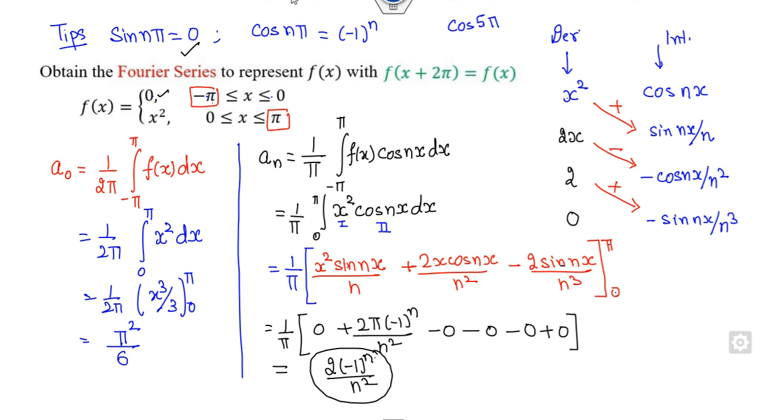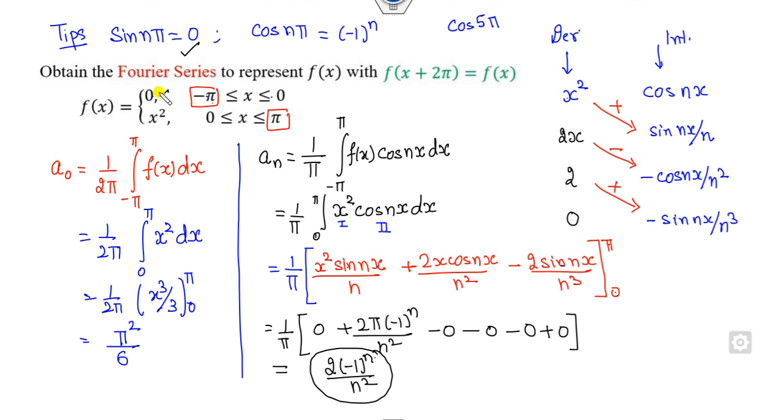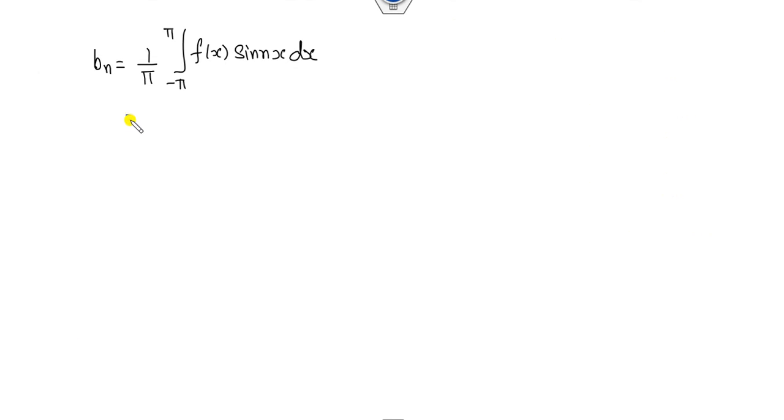Fine. Now you can find the value of b n also. So b n is 1 over pi, minus pi to pi, f(x) sine nx. Now I can substitute the value again. My function is, from minus pi to pi, 0 otherwise x square. So I can write this as 0 to pi x square sine nx.